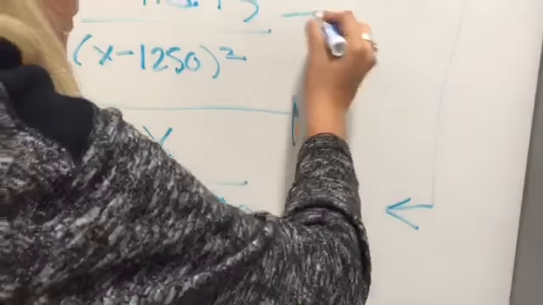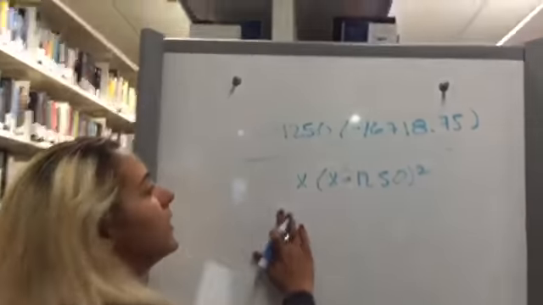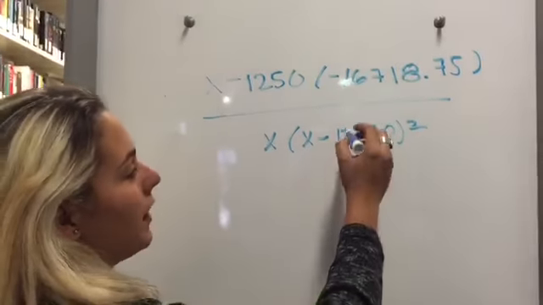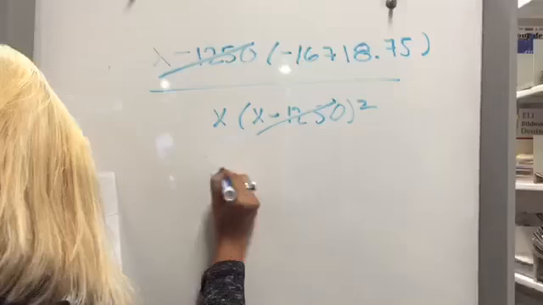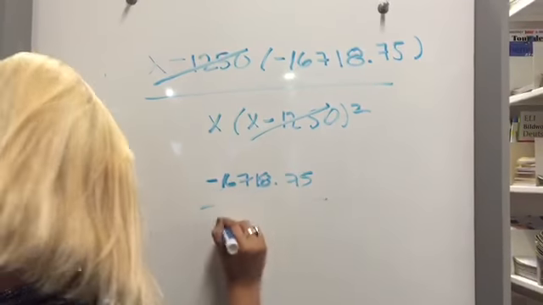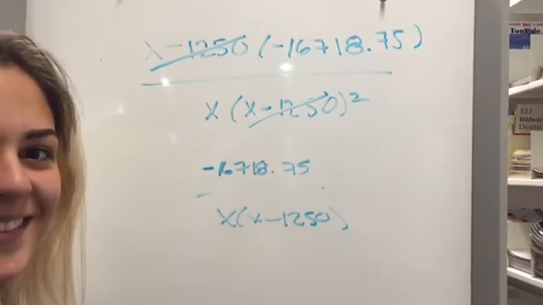And we do the tortilla method. This is the answer that we have. So now we need to cancel one of the x minus 1,250 with this, and then we have your final formula. You just plug in the x's, the numbers they give to you, and that's your instantaneous rate. And this is your second x.